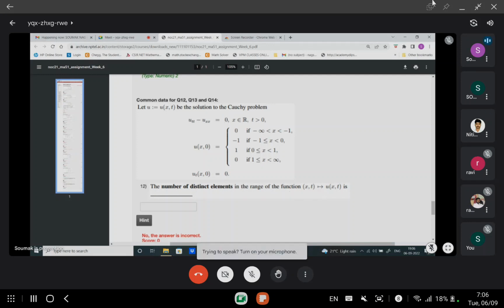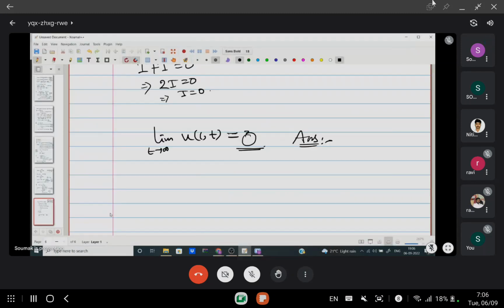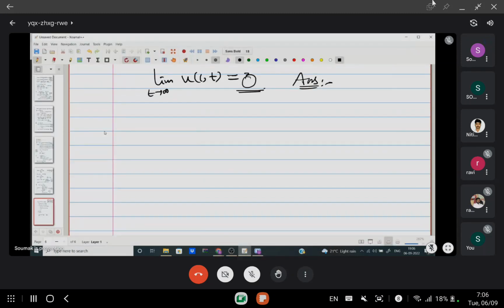So I will first write the question. u_tt minus u_xx is 0, u(x,0) is 0 whenever x is less than minus 1.